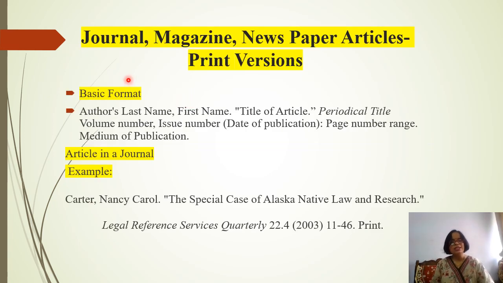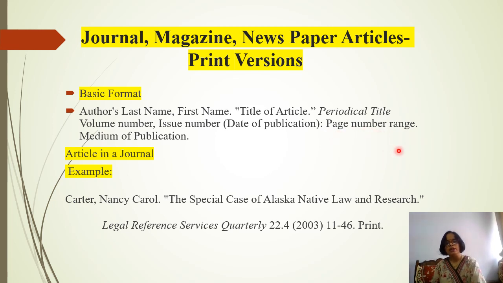Now, those examples previously which we have done, they were from the database. And now the quotations which we are dealing with, they may be there in the journals, magazines, newspaper, articles, in the print versions, right? So the basic format is, you see, again the same: author's last name, author's first name, then title, then periodical title, then volume number, issue number, date of publication.